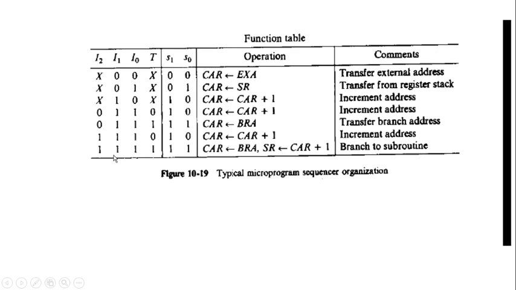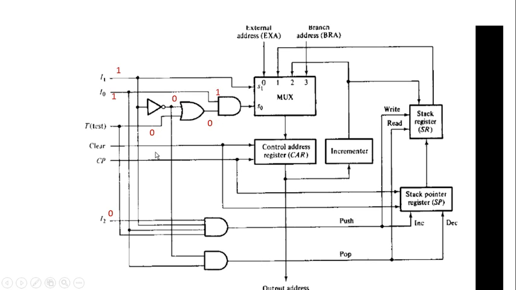Next, the last case is all 1s: I1 1, I0 1, I2 1 and T 1. What is the case? If I1 is 1, S1 directly becomes 1. If I0 is 1, one input of this AND becomes 1. I1 complement is taken here. Test input is 1.